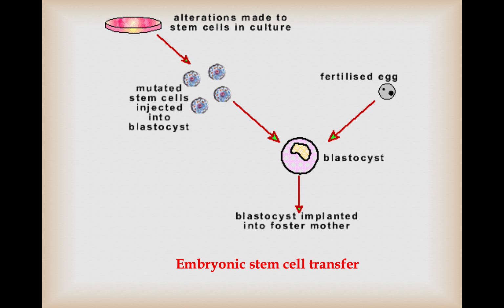Again, this is the workflow of how the embryonic stem cell transfer is done. You need to harvest eggs and make sure that you fertilize them, and then generate your stem cells in culture, put in your transgene, transfer it into the blastocyst, and then the blastocyst is implanted into the foster mother.